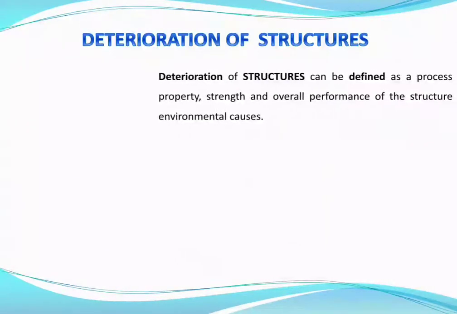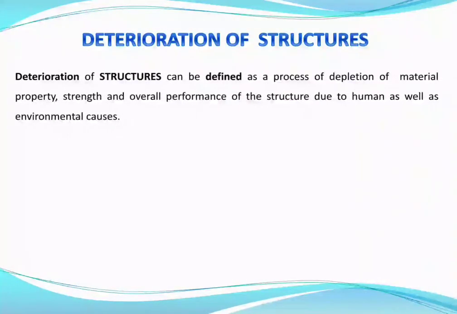So firstly, let us try and understand what is deterioration of structures. Deterioration of the structure can be defined as a process of depletion of material property, strength, and overall performance of the structure due to human as well as environmental causes.